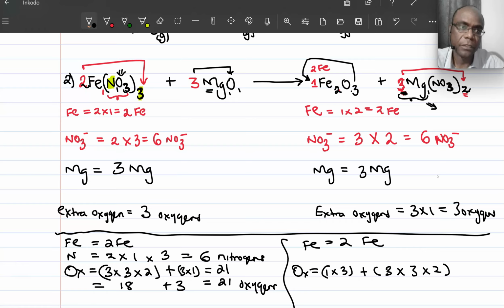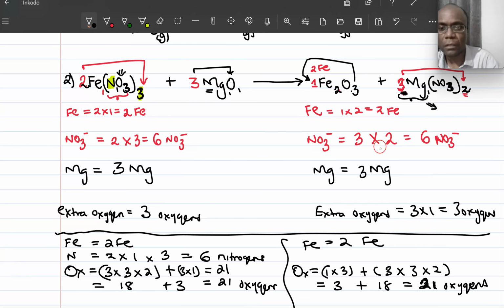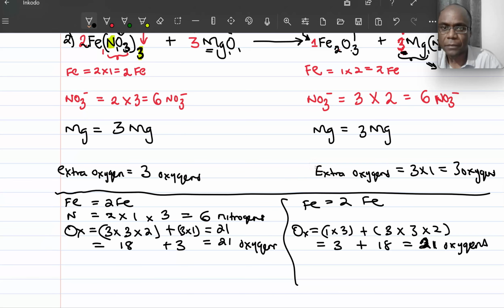This 3 multiplies the 3 inside the parentheses and is multiplied by the 2 under the polyatomic ion. If I add all this together, it's 3 plus 18 again, that's 21. That's 21 oxygens. So I'm counting for you atom by atom.